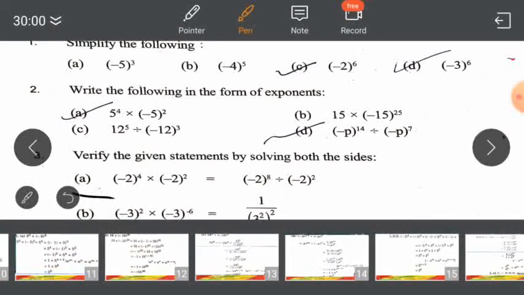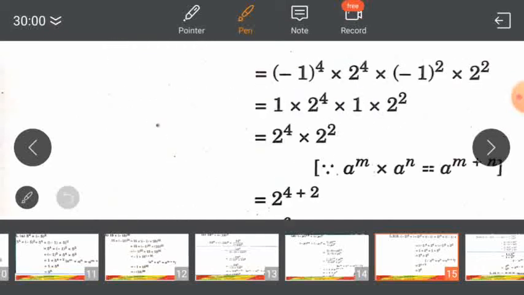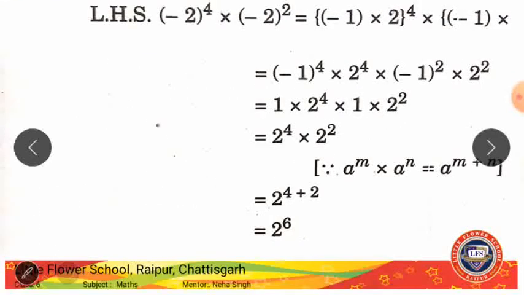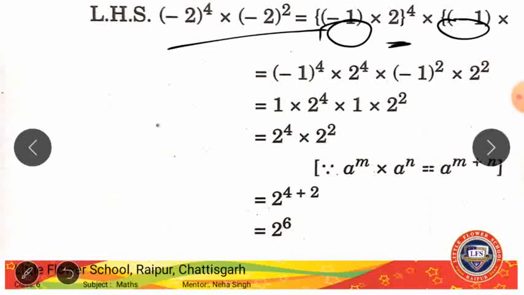So coming to the first LHS, it is minus 2 power 4 into minus 2 power 2. Minus will be separated, right? 2 power 4 into, here it is 2 power 2.